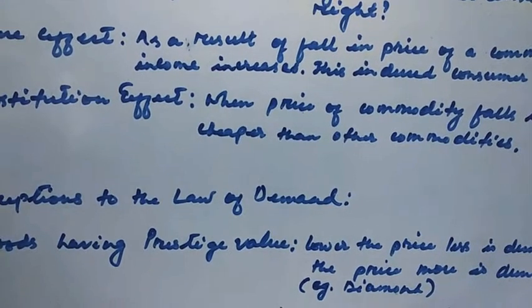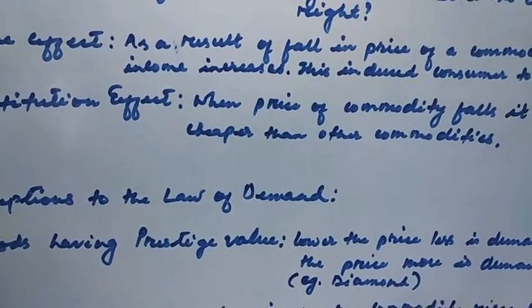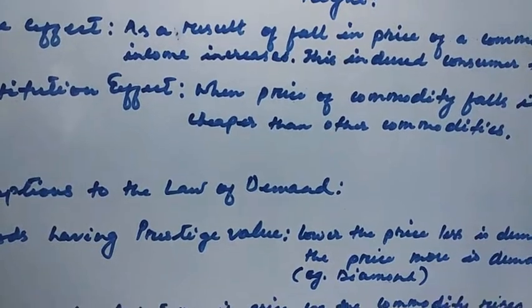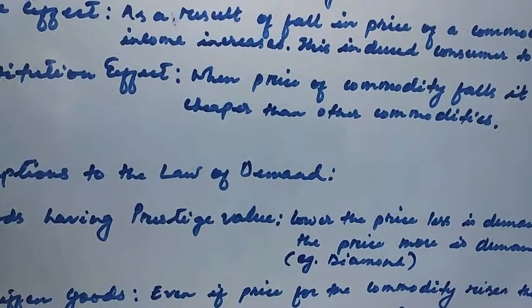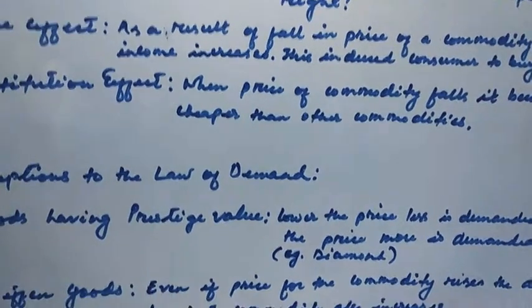But here they say that it is the substitution effect which is more significant in determining the downward sloping of the demand curve. So we have explained the reason for the downward sloping of a demand curve for an individual consumer.